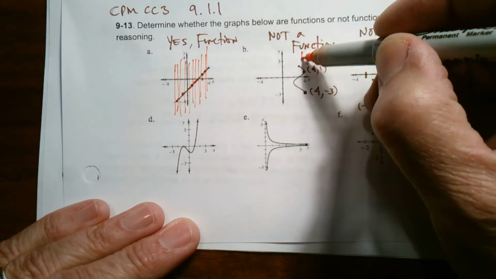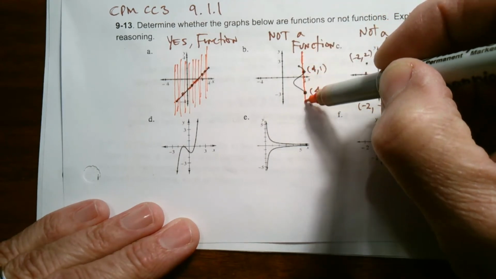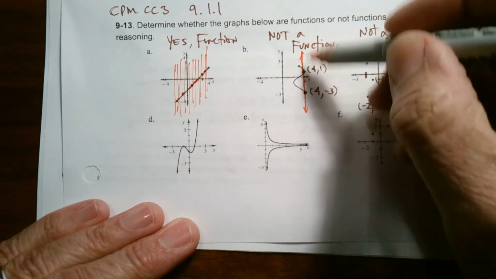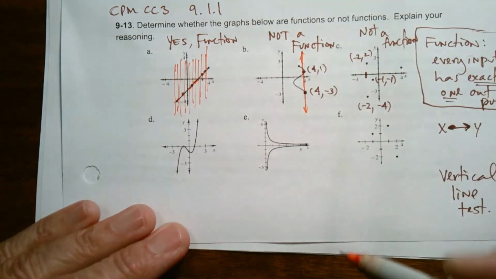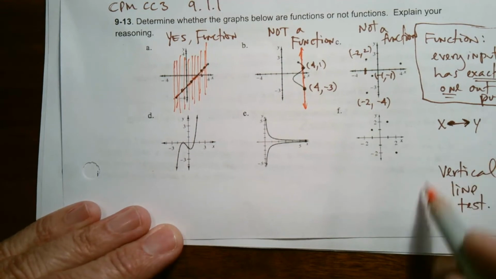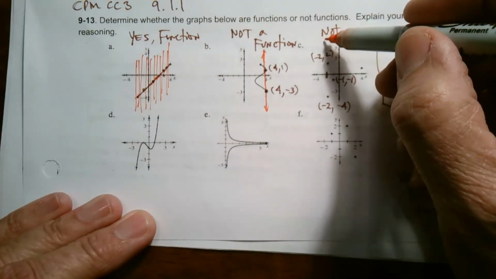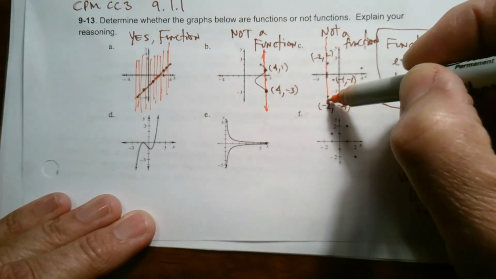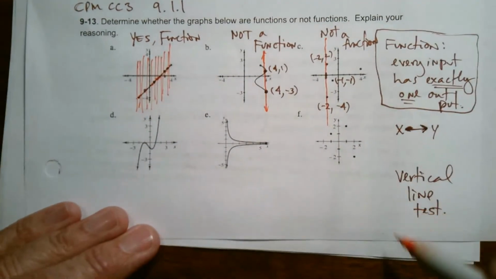If I drew a vertical line here, it hits that point and that point, right? So drawing a vertical line, it actually goes through the graph more than once. So therefore, that's why it fails it. Here, if I drew a vertical line, I would hit that point and that point with that same vertical line. So again, it fails the vertical line test.